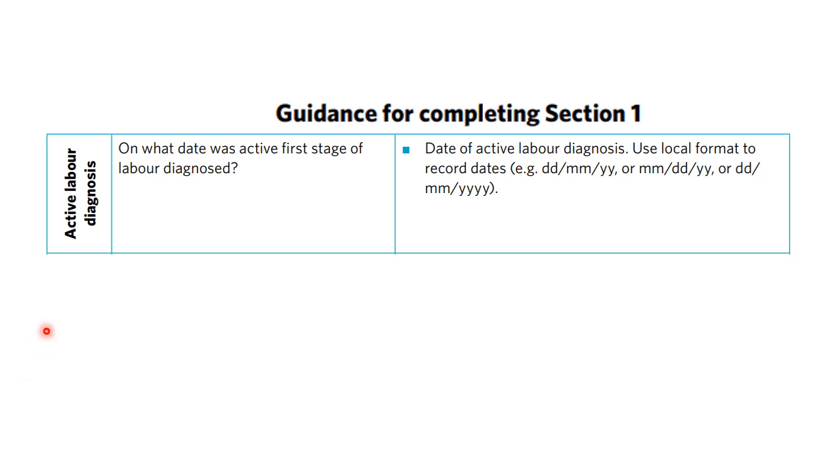In this section, we also include the active labor diagnosis, the date when the first stage of labor was diagnosed. This date will be written down as date, month, year, so that we have a complete record for the sake of audit.